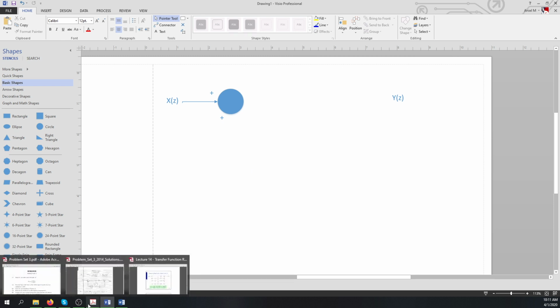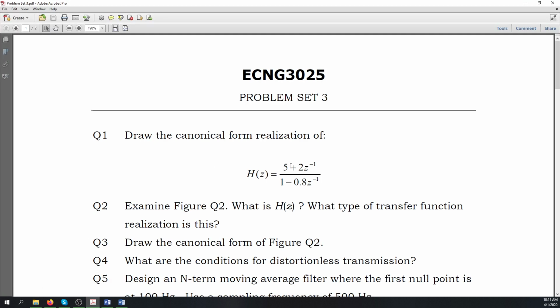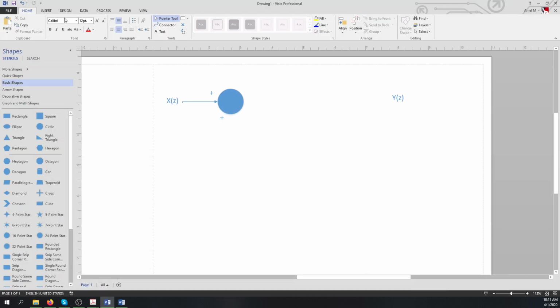Alright, so backtrack a little bit to our equation. The first term here was 5, so this is going to be the first term on the right hand side, being our b0 term. So we can drop a square here, and inside here we can say this is going to be 5. Move this to one side. Copy that because we need to put an arrow leading to Y(z).